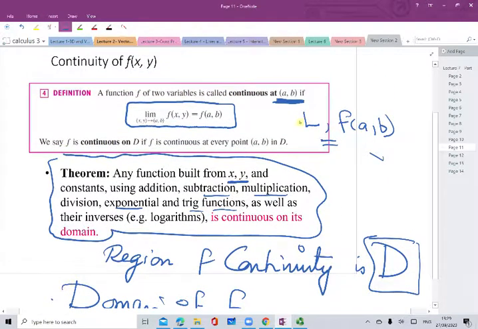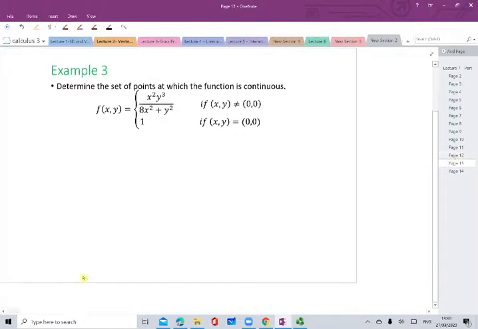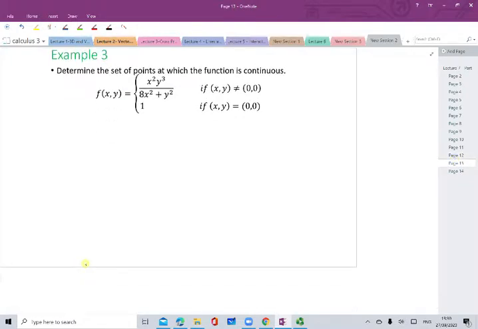When am I going to use this definition? Actually, when I'm checking a specific point and there is confusion, there is no assurance that the function is defined at this point, so I'll have to deal with the limits. Okay, such as this example. So if I have such a problem that is defined piecewise, and I need to find if the function is continuous and the set of points at which it is continuous.